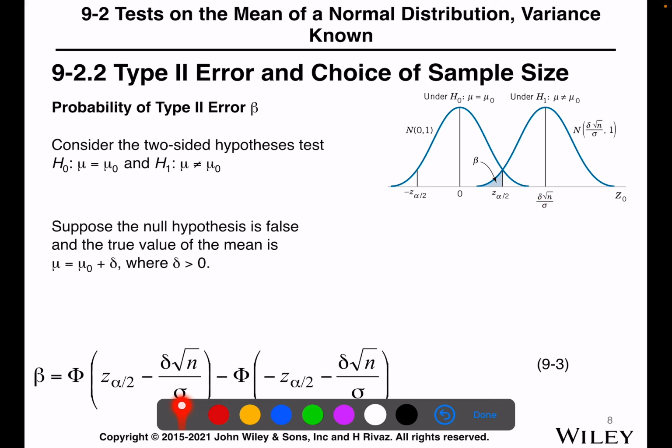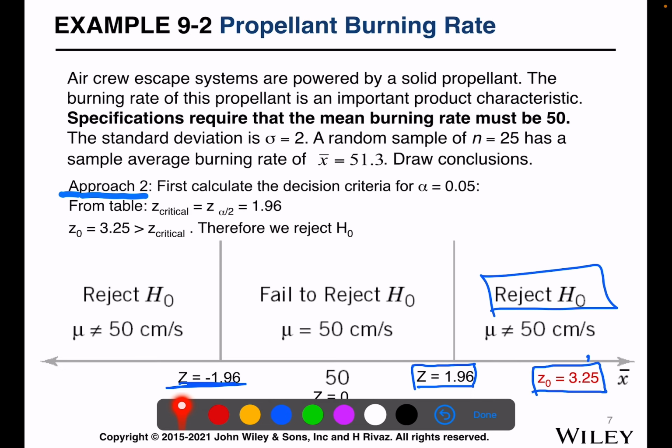Based on your null hypothesis, remember that we have this range. If I go back to the previous slide, we call this fail to reject, and we call these areas reject. Basically what we want to calculate in the next slide, which is the type 2 error, is the following.